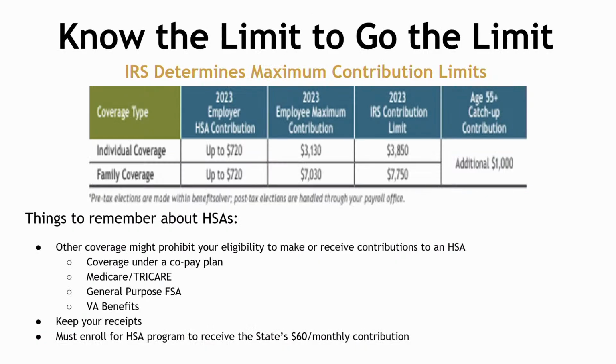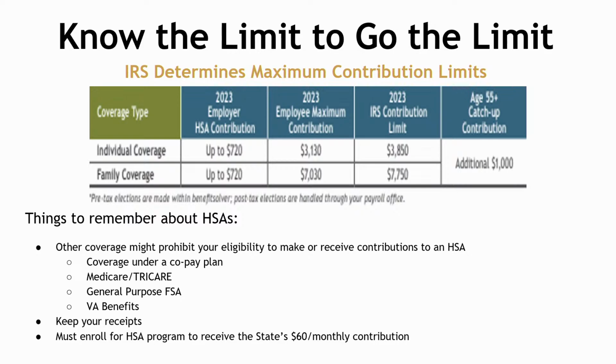Okay, health savings accounts. Nothing is really changing here with the exception that the IRS has raised the maximum contribution amount. This year, starting July 1st, employees will be able to contribute a total of $38.50 for individual coverage and $77.50 for family. Keep in mind that when you are enrolling for HSA contributions in Benefit Solver, you are receiving a $60 per month contribution by the state of Colorado.